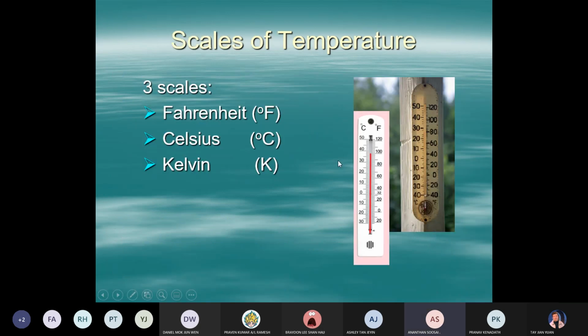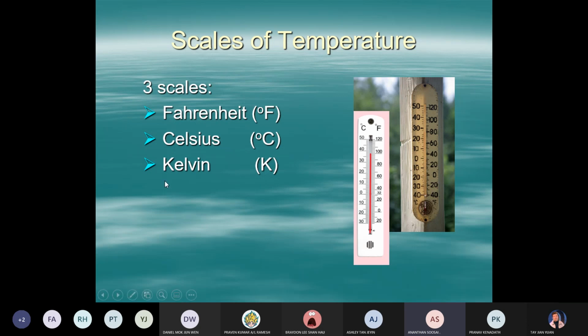Before we go to the practical thermometer, there are three scales of temperature used around the world: Fahrenheit, Celsius, Kelvin. Fahrenheit is used a lot in the US, but in your syllabus we only talk about Celsius and Kelvin. Out of these three, which scale is the SI unit for temperature?